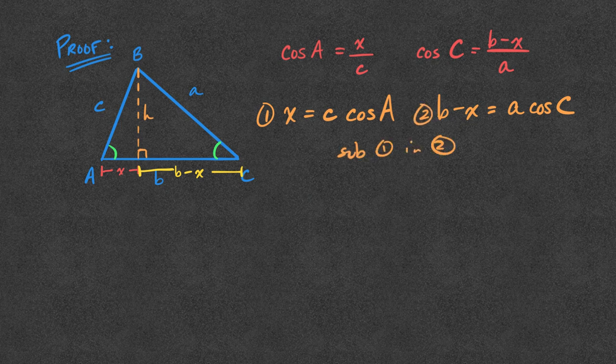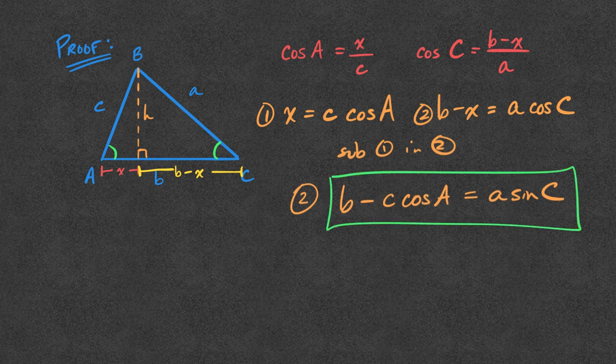I can see from equation 1 that x equals c cos A. So within equation 2, I'm going to sub in c cos A where I see my x. And what I just wrote there is a completely true statement. I just want you to notice it's not very useful.